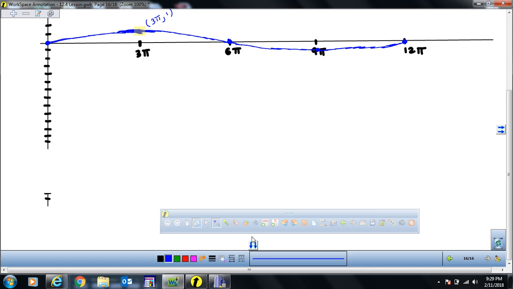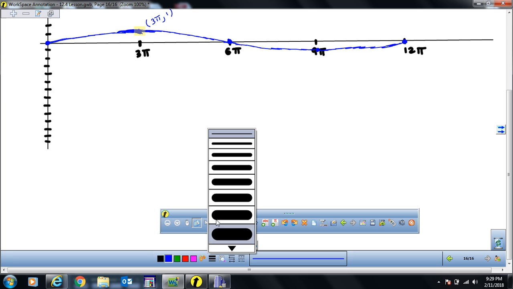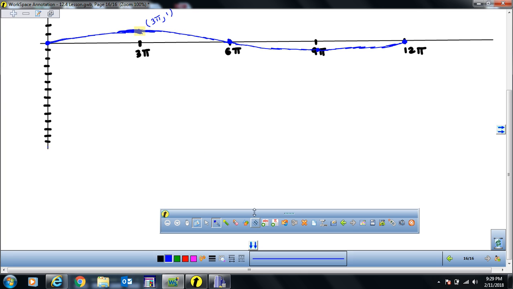So I'm going to try to sketch it as closely and as accurately as possible so you can see. I don't know how far I can go. Let's say this is negative 35.